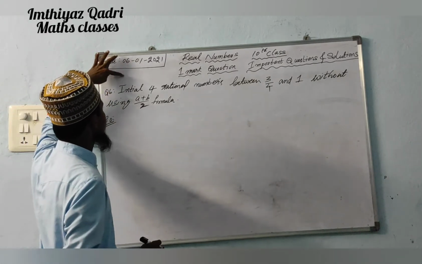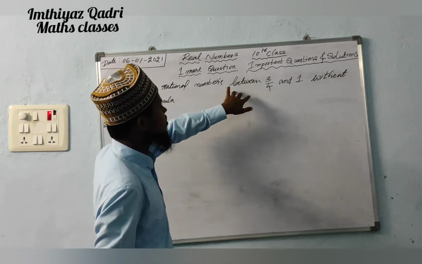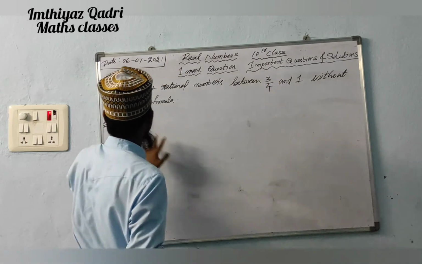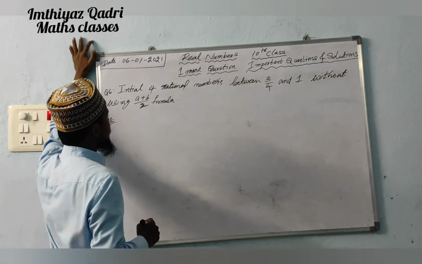Now the sixth question: find 4 rational numbers between 3 by 4 and 1 without using the formula a plus b by 2.